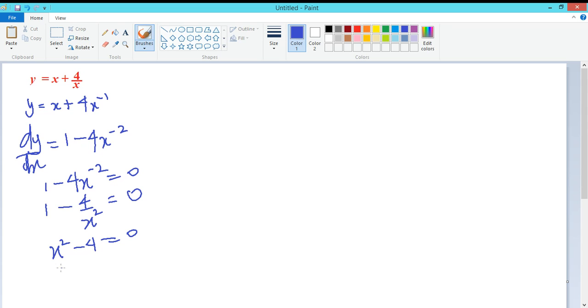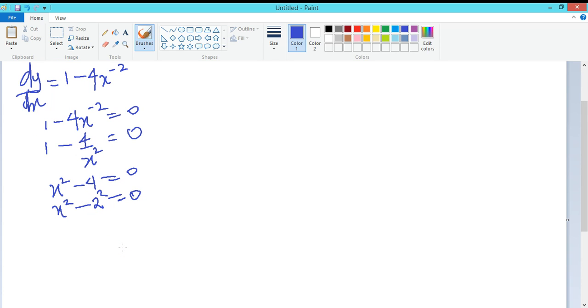Now, I factorize this expression. Remember, this is a difference of 2 squares, it can be understood as x squared minus 2 squared is equal to 0. If it's a difference of 2 squares, then it can be factorized as x plus 2 in one bracket, x minus 2 in the other bracket. This is equal to 0.